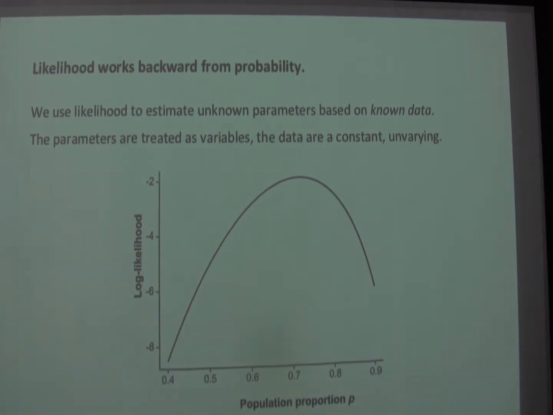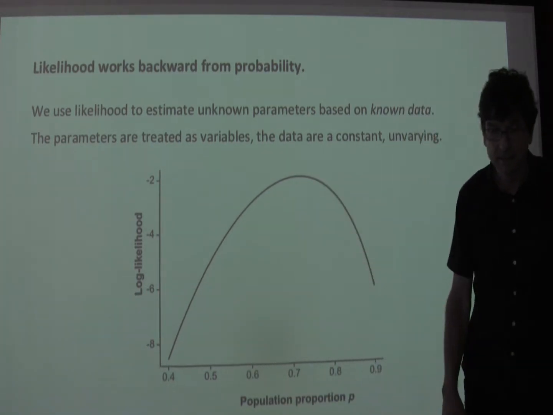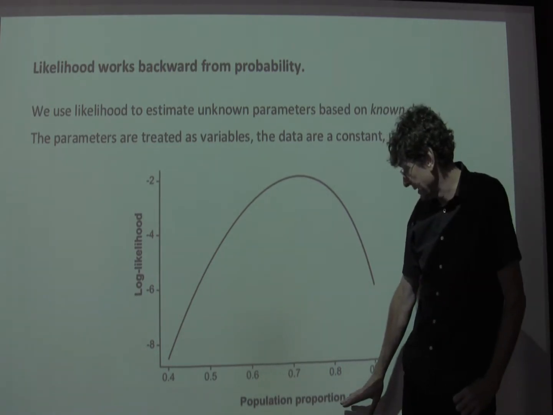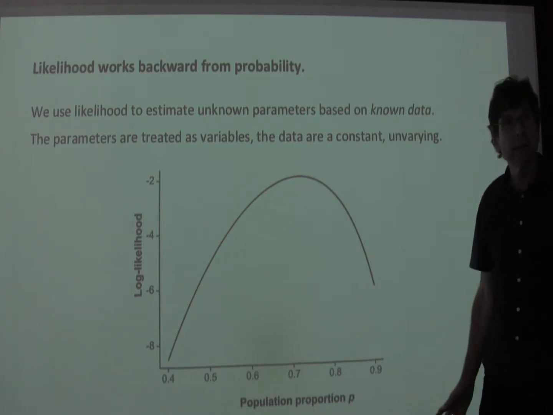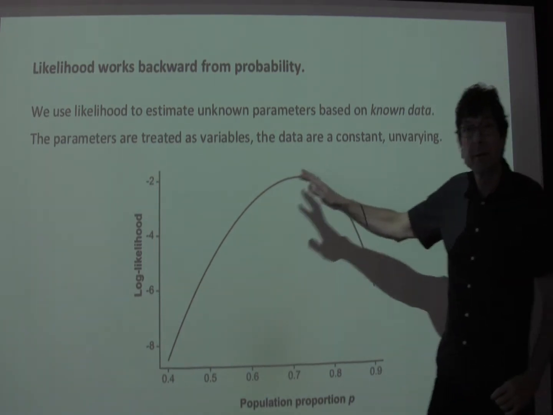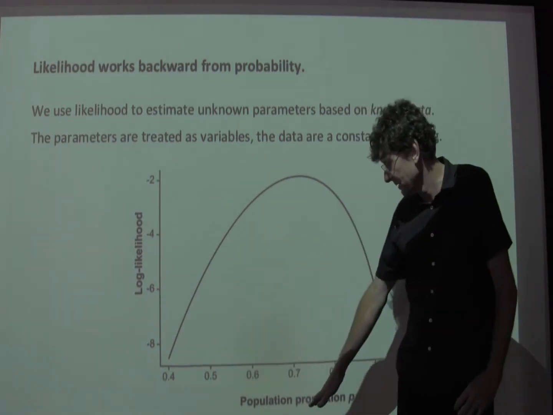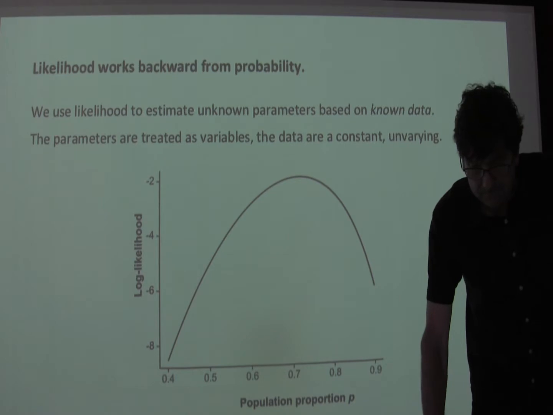We have the data, and what we're going to do is vary P and then ask what value for the parameter maximizes that likelihood. So to emphasize, in the likelihood world, P is a variable, but it's not a random variable. This is not a probability distribution. It's just a function. The likelihood is a function of the possible values of P.